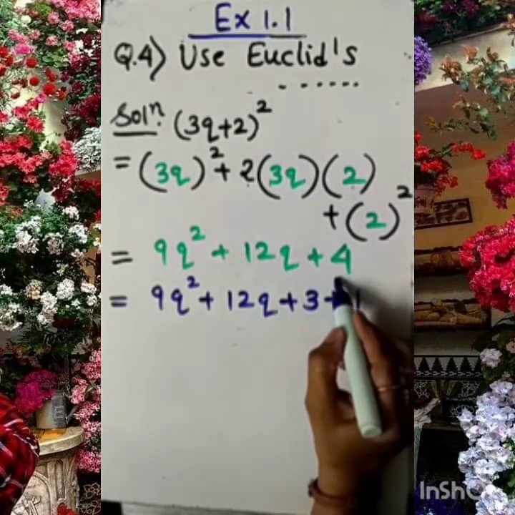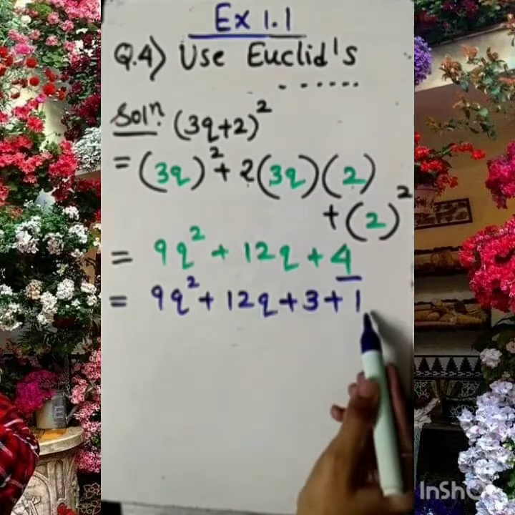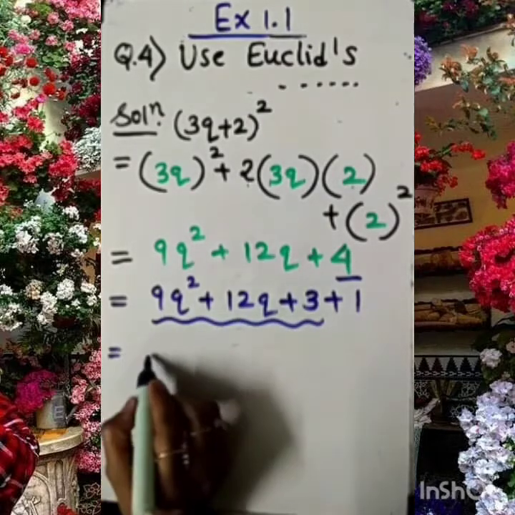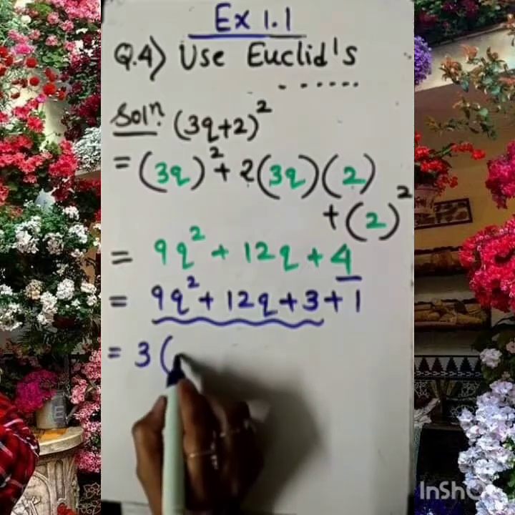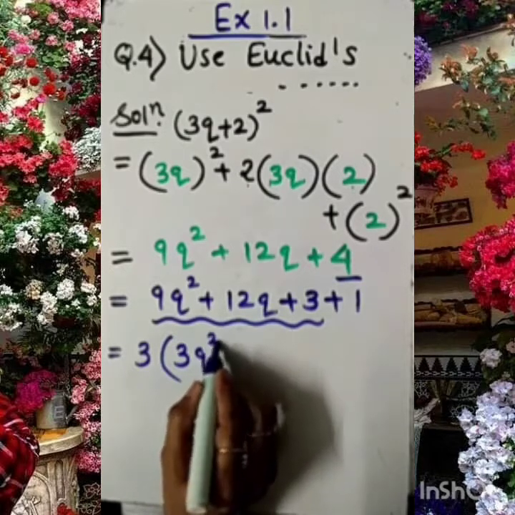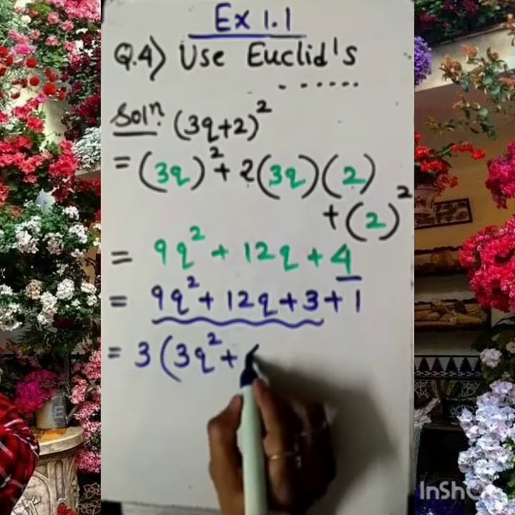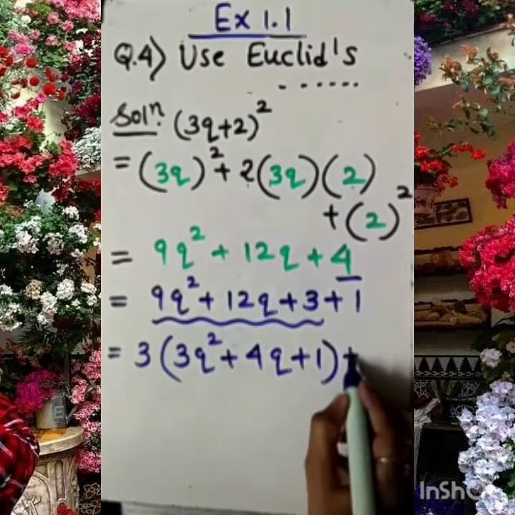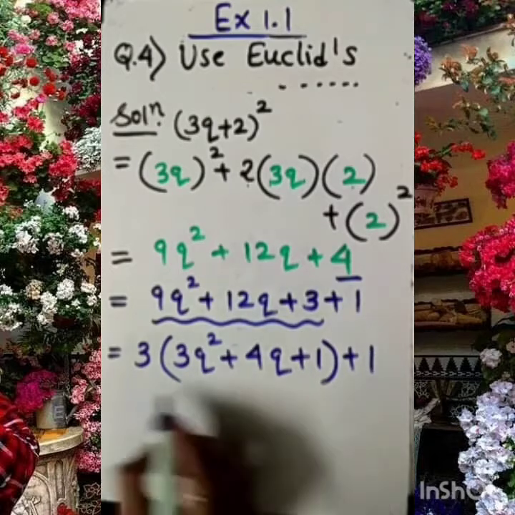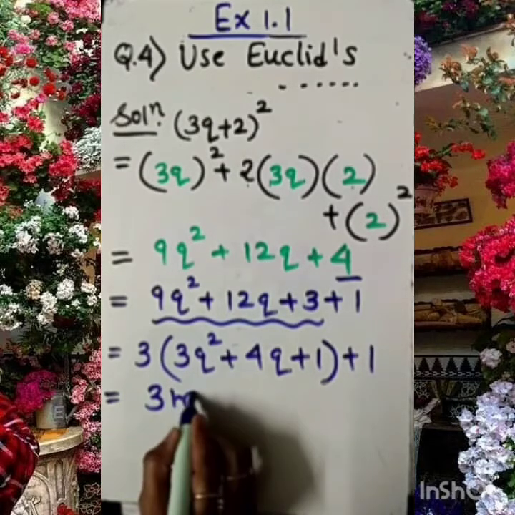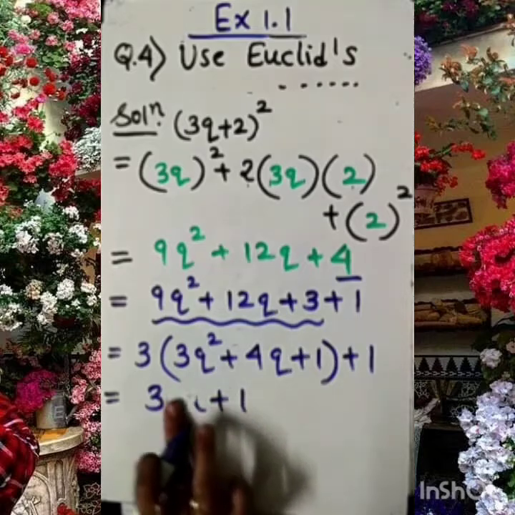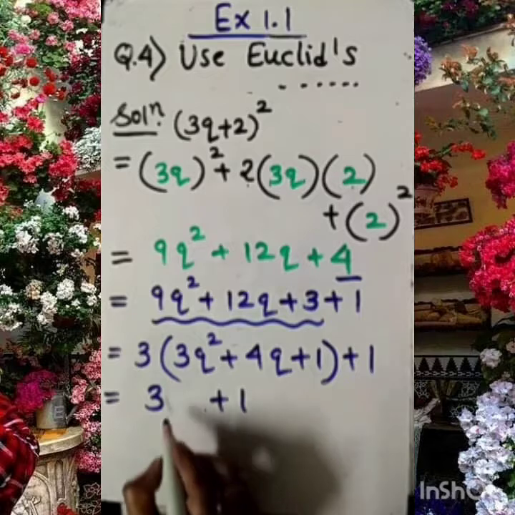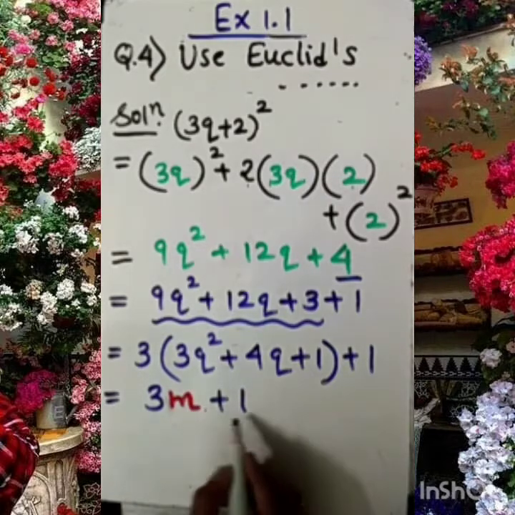That 4 I am separating as 3 plus 1. Now I am taking out 3 common from this. If I take out 3 common, then I will have 3q square plus 4q, since 3 times 4 is 12, and here it will be 1 and this is 1. This is again in the form 3m plus 1, because we want to bring everything into 3m plus 1 form.